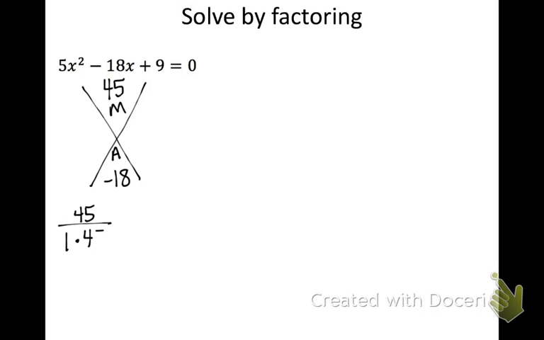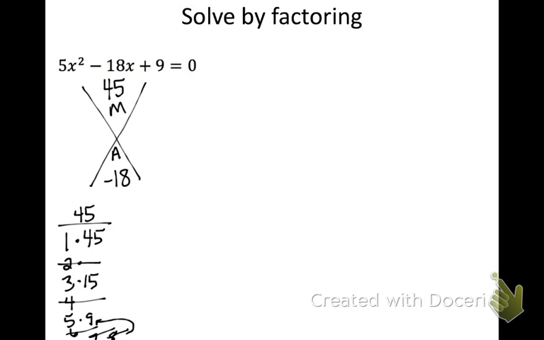1 times 45. 2 does not divide 45, so 2 doesn't work. We have 3 and 15. 4 doesn't divide 45. We have 5 and 9. 6 doesn't divide 45. 7 doesn't divide 45. 8 doesn't divide 45. And we're back up to 9.